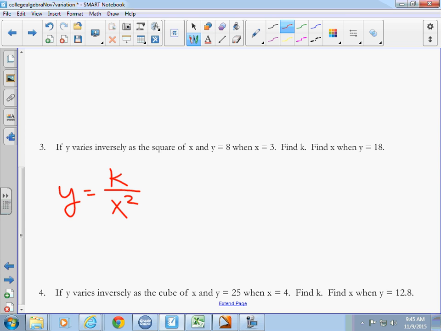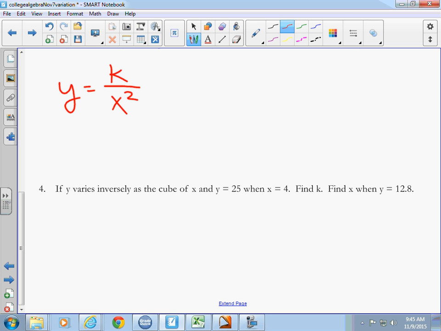Any questions so far? Y is 8 when x is 3. Am I going too fast? Y is 8 when x is 3. So what would k be? 72.